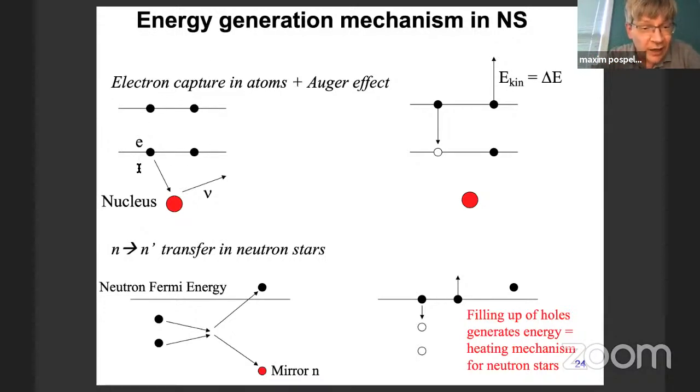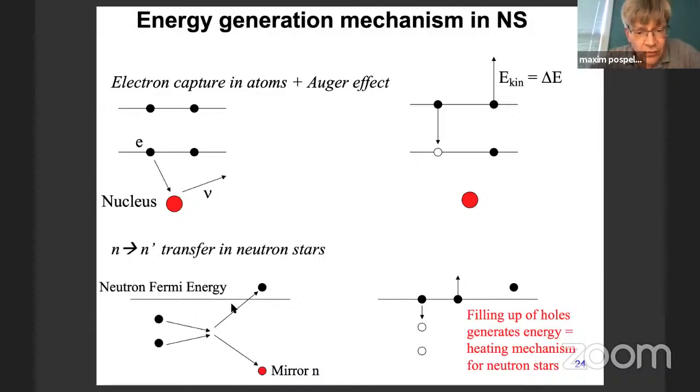So if you picture the atomic shells as closed shells with all levels filled, then at some point the nucleus eats an electron and spits out a neutrino into the void, and then you have a hole in your electronic shells that is filled either by photons or by new electrons jumping down, while the other one is ejected with energy equal to the energy difference between these two levels. This is a well understood, observed effect in atomic physics.